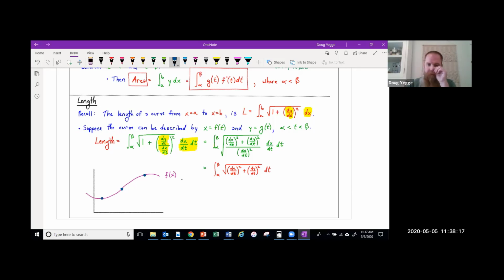Then essentially, let's look at what this length is going to be. This length right here is one tiny little arc length. Now, if I were to recognize this in terms of a triangle, then this would be our small change in x, and this would be our small change in y.